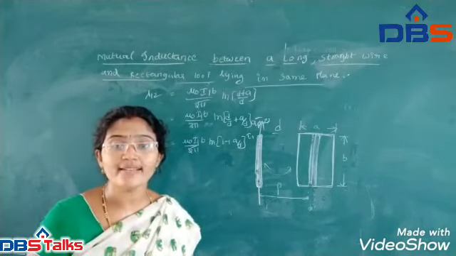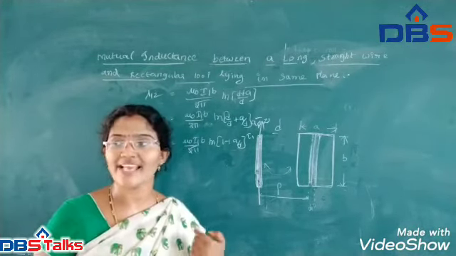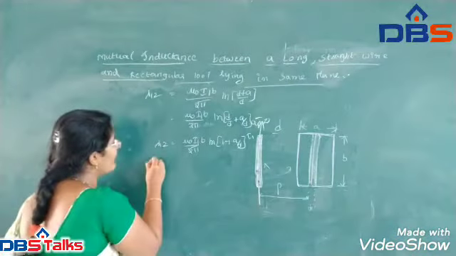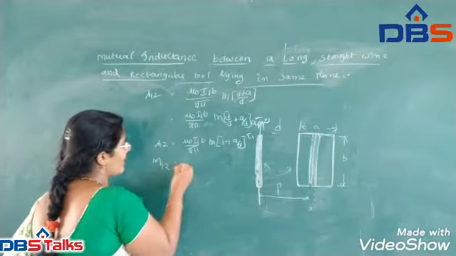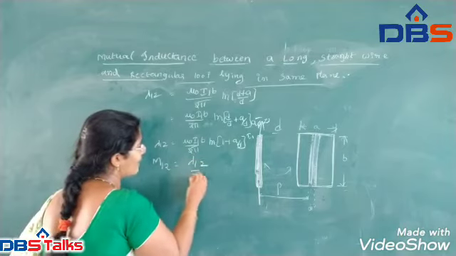Mutual inductance in terms of flux linkages and current can be expressed as M12 equal to lambda 12 by I1. From this formula, you can write M12 is equal to lambda 12 by I1.